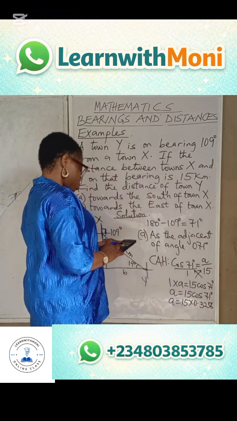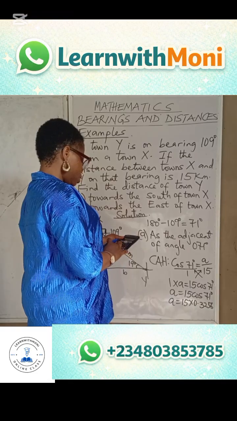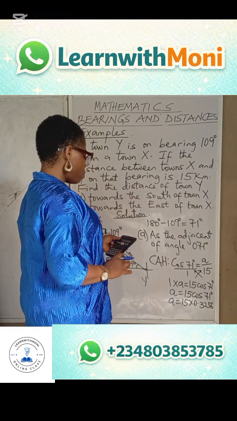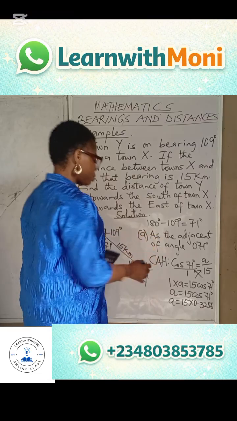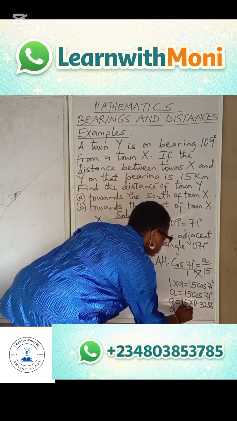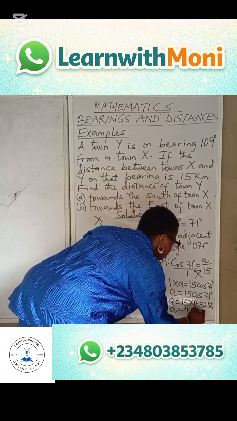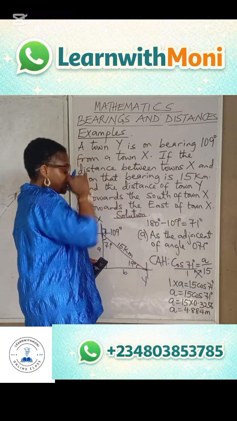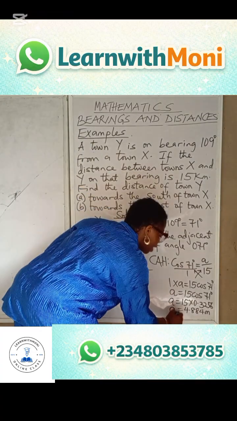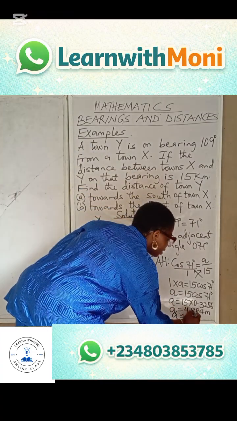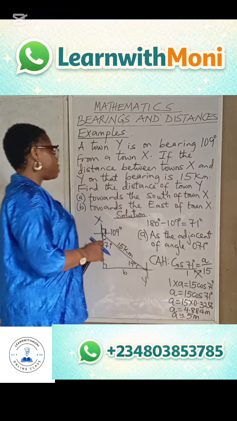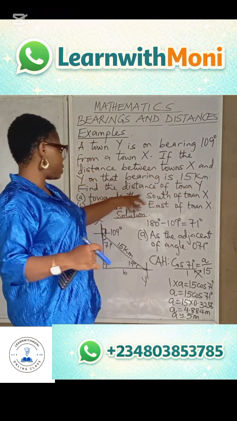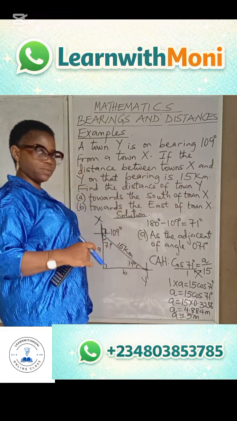On multiplication, you get 4.884. A is 4.884 kilometers. If I'm going to take this to the nearest kilometer, I will say A is approximately 5 kilometers. And that is the distance of town Y towards the south of town X.